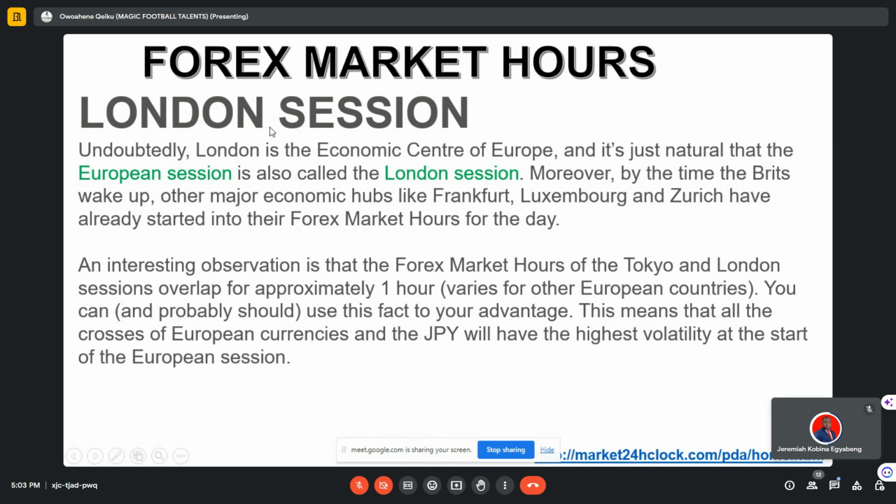With this session, Sydney closes around 7 a.m. GMT, Tokyo opens at 12 a.m., and London opens at 8, so the Tokyo session overlaps with London. When you trade a currency pair in that time overlap, you can make profit, such as the pound against the Japanese yen within this time session.